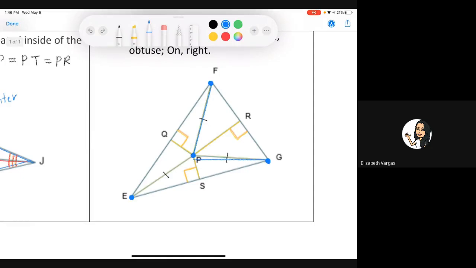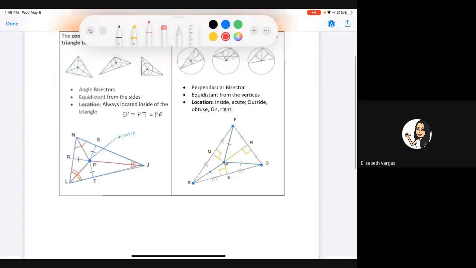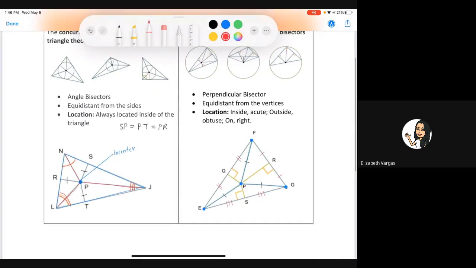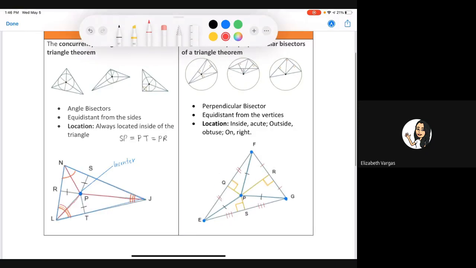So there's 3 vertices. And what we can also gather is that those perpendicular bisectors cut my line segments into 2 congruent halves. And so those halves would be congruent to each other. Okay. So perpendicular bisectors cut line segments into 2 congruent halves.